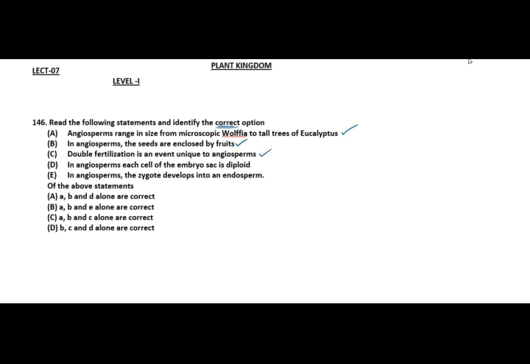In angiosperms, each cell of the embryo sac is diploid. No. We know the embryo sac consists of three antipodal cells, which are haploid. All cells are haploid in the embryo sac.